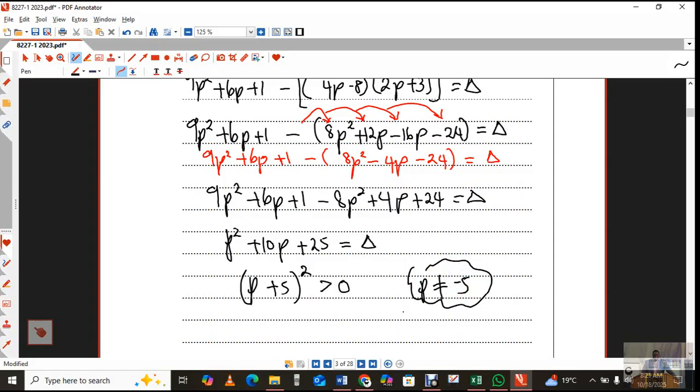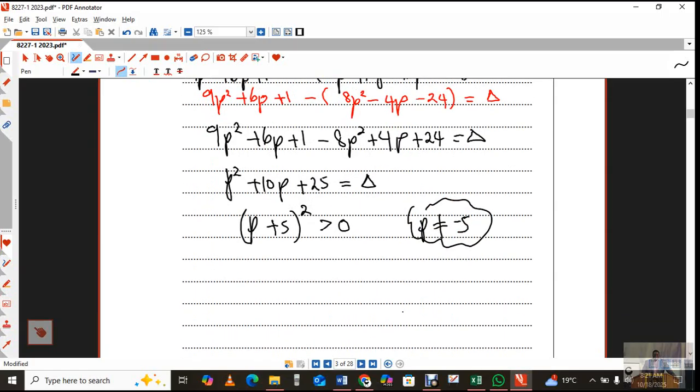So whenever the discriminant is going to be greater than 0, we would know that the discriminant is, first of all, a perfect square, because that's what this is, a perfect square trinomial. It is a perfect square for any value of p that you insert, except for p equals -5.